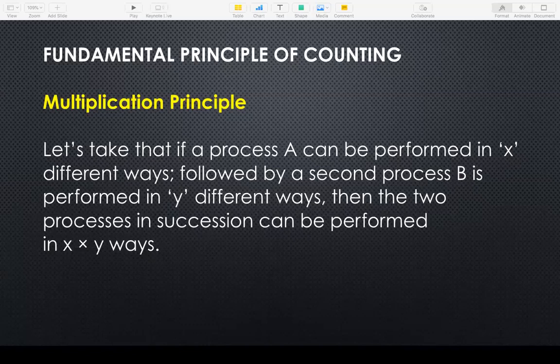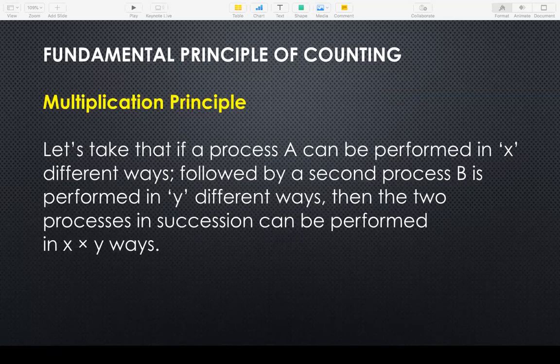It says that if a process A can be performed in X different ways, followed by a second process B, which can be performed in Y different ways, then the two processes in succession can be performed in X into Y ways.